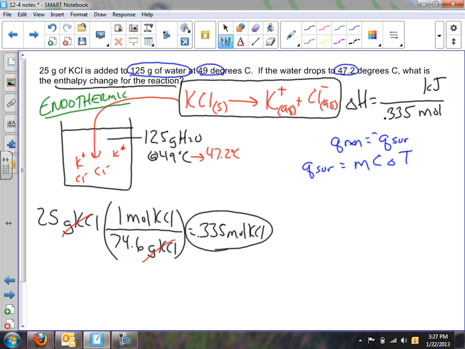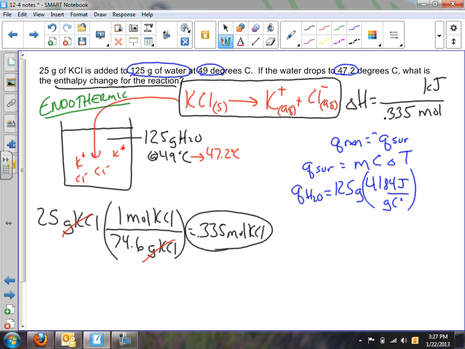So I know the mass of the water, the temperature change of the water. C, the specific heat, is a constant, so I know that as well. So I can find the heat, the Q, of the water simply by taking water's mass, 125 grams, times the specific heat of the water, which we know is 4.184 joules per gram Celsius degree, times the change in temperature.